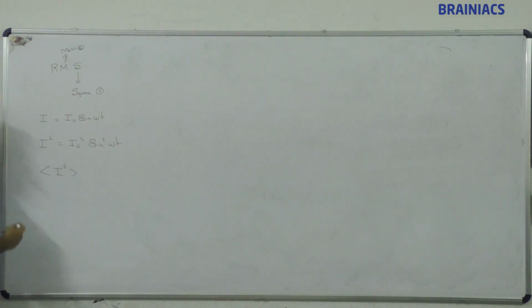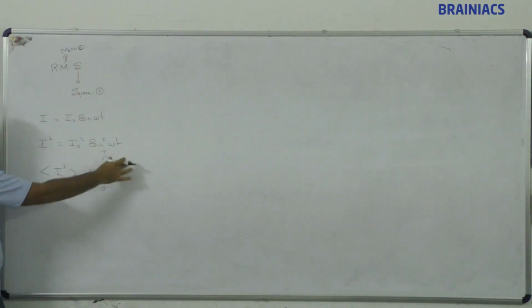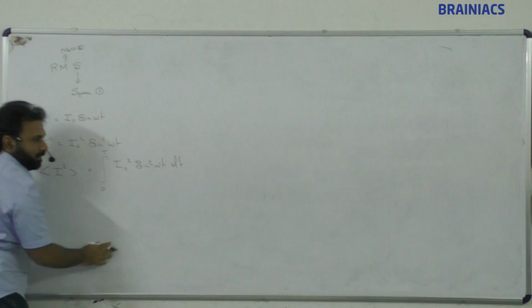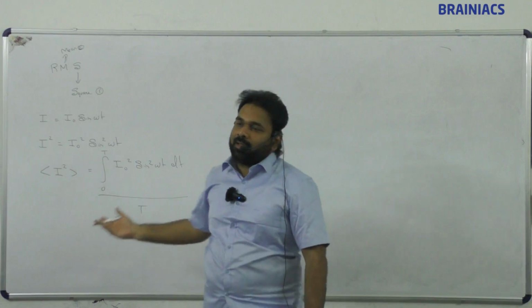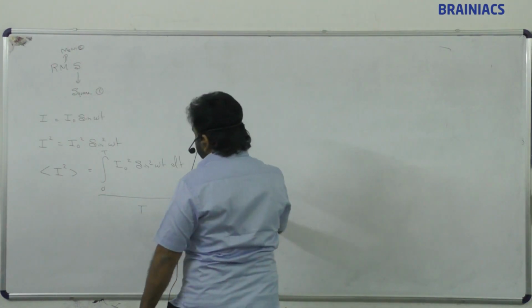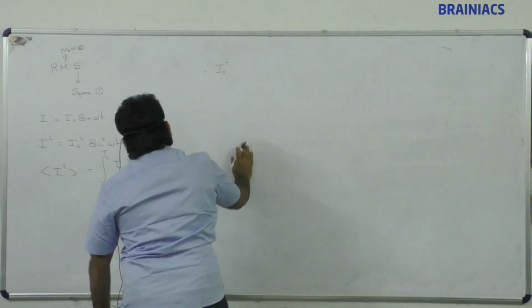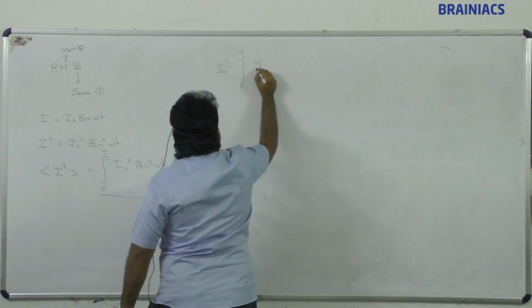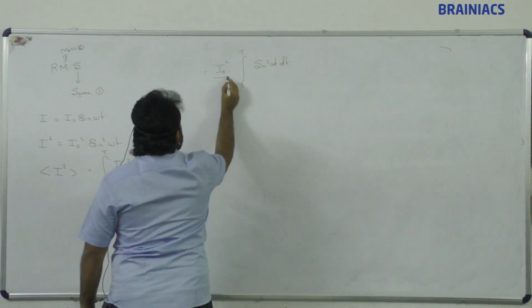We put the limit 0 to T, then the function I naught square sine square omega t dt, divided by T. Just integrate it, get the answer. So this is equal to I naught square, which is constant, we take it out, then integral 0 to T sine square omega t dt, with the T also put here.